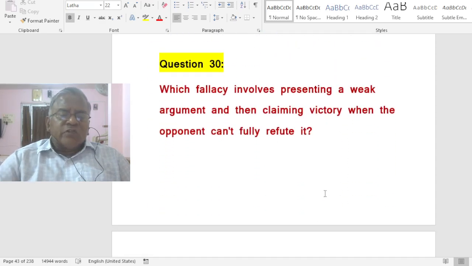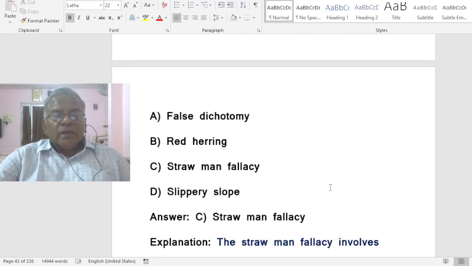What fallacy involves presenting a weak argument and then claiming victory when the opponent can't fully refute it? Which fallacy involves presenting a weak argument and then claiming victory when the opponent can't fully refute it? False dichotomy, red herring, straw man fallacy, slippery slope.